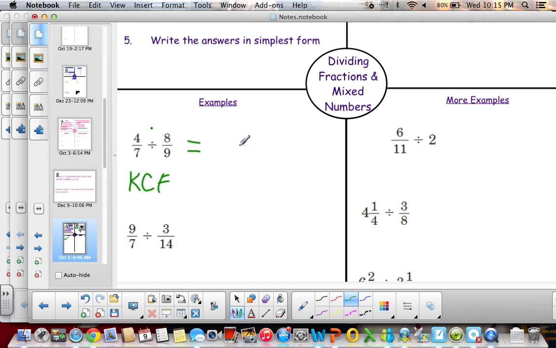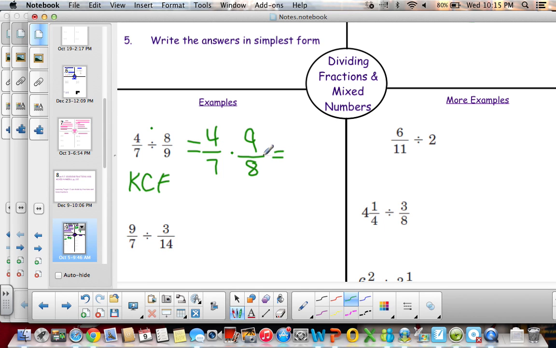So I'm going to rewrite this so it's nice and neat. I'm not going to try to do it in my head because that gets a little bit too confusing. So I keep 4/7, I change my division to a multiplication, and then I flip my fraction. So 8/9 would be 9/8.